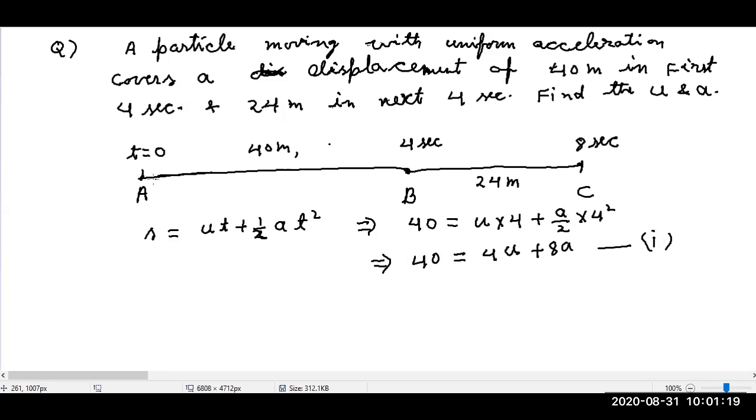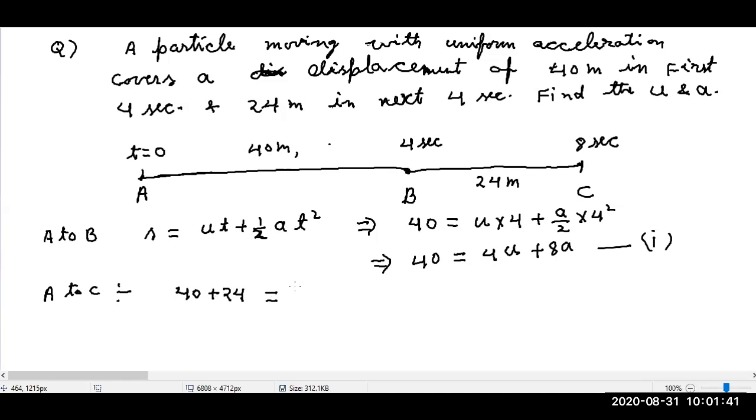Similarly, from A to C. This was from A to B. Now from A to C, we use the same formula, but the value of S this time is 40 plus 24, so 64.